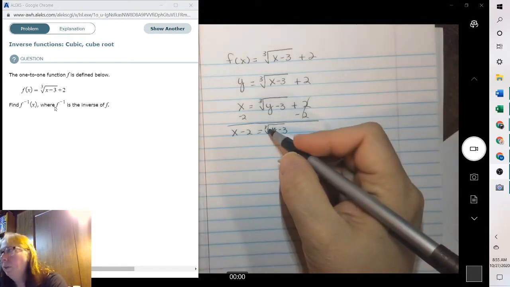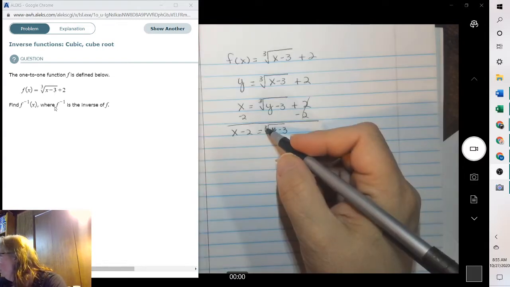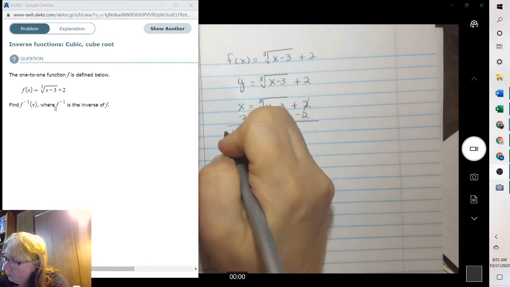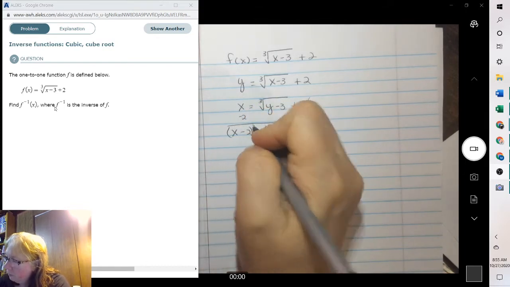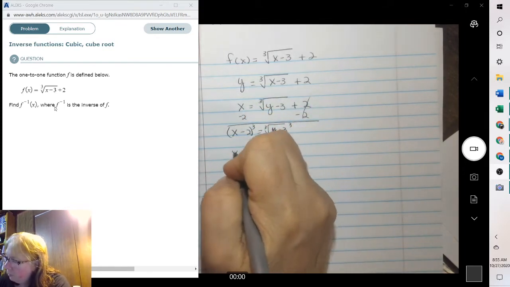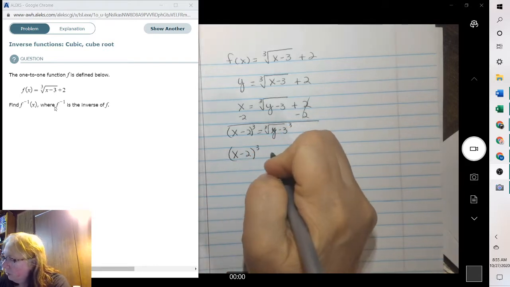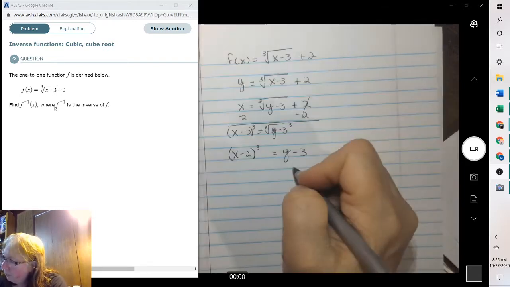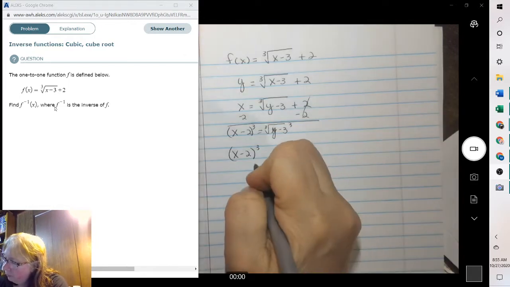Now to get rid of a cube root, you cube both sides because they're inverses of each other. So we have x minus 2 cubed equals y minus 3. And then just add the 3 to the other side.